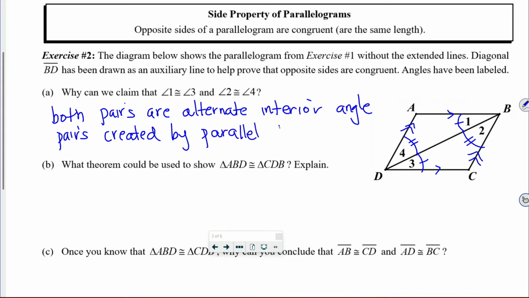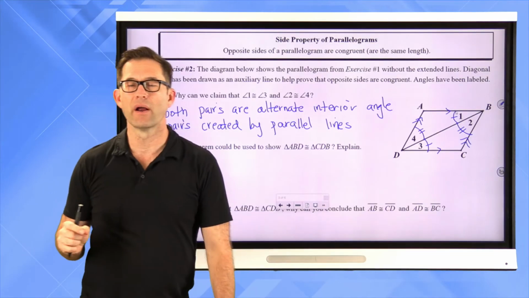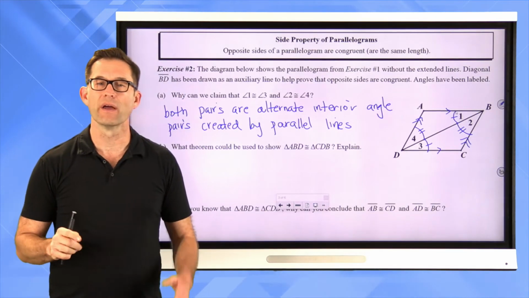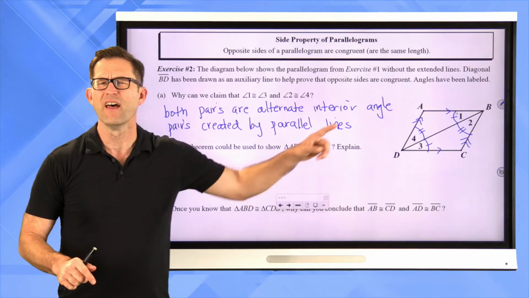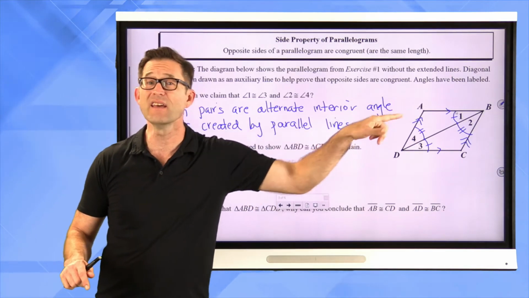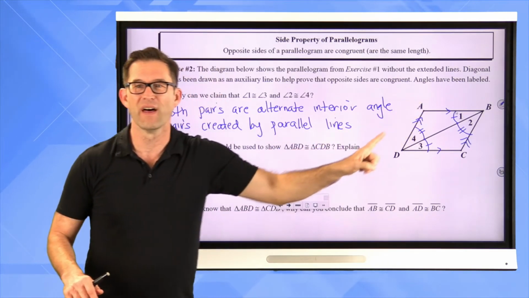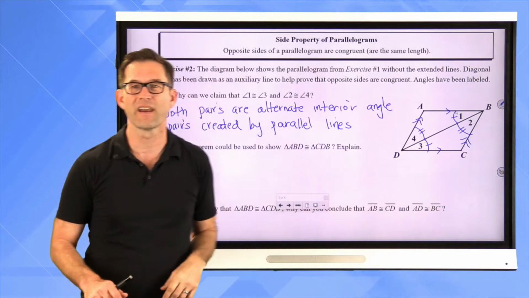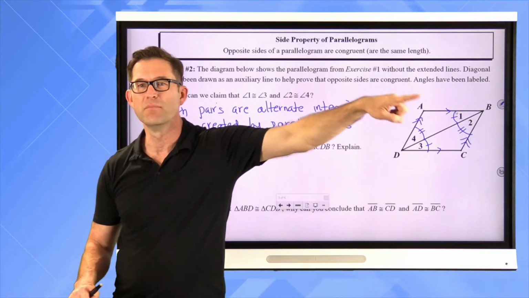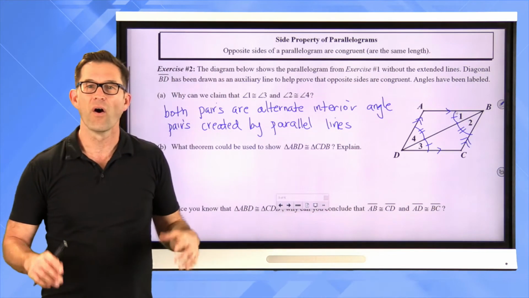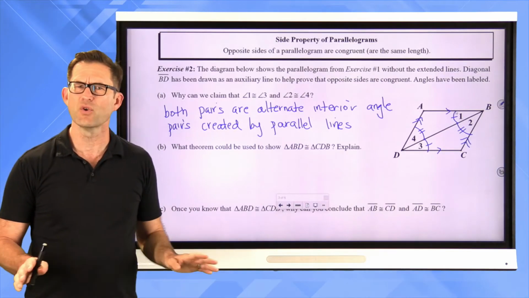Probably the most important type of angle pairs when it comes to parallel lines, right? Alternate interior angle pairs, the angles that form a Z, if you will, right? If you do that ABDC kind of movement or ADBC movement, right? Alternate interior angle pairs. All right, so that's cool, right?